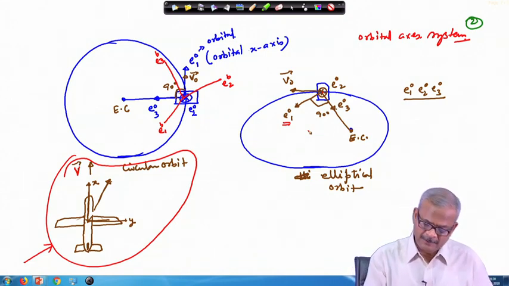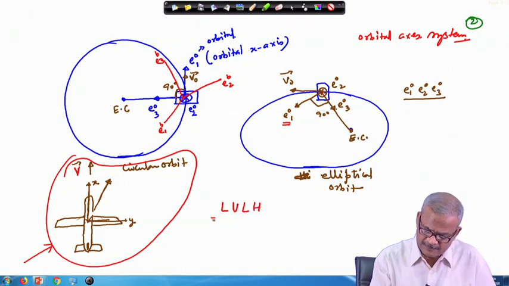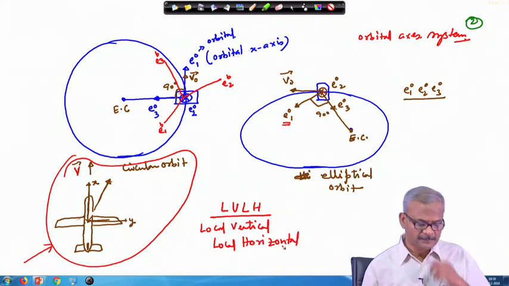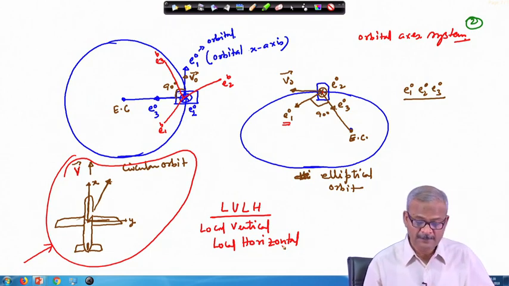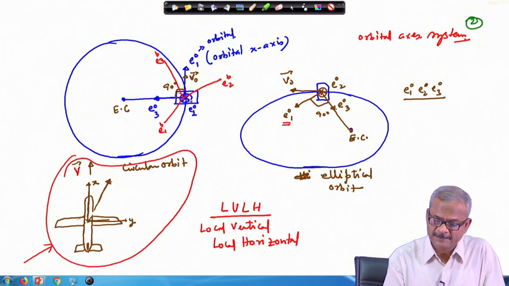Okay. There is another notation which is called the LVLH, local vertical, local horizontal. If you look into the journal papers, some of them, instead of considering E0 in this direction, will take E0 along this direction, as shown by this arrow.